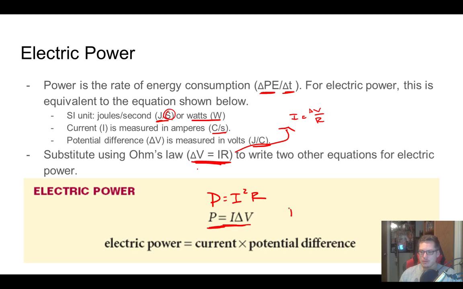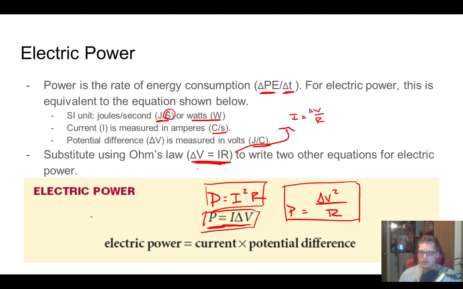Our power would be equal to the change in voltage squared over the resistance, the potential difference squared over the resistance. So these three, 1, 2, and 3, are our three formulas to find power.